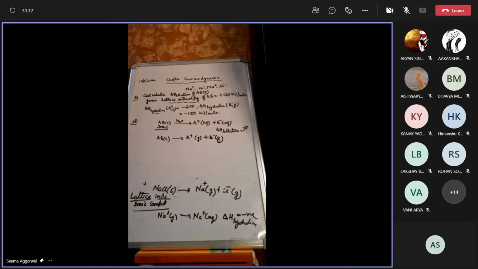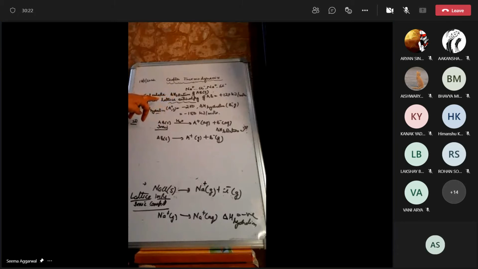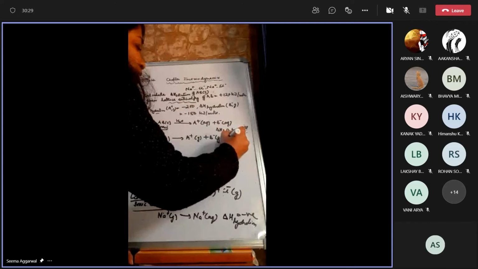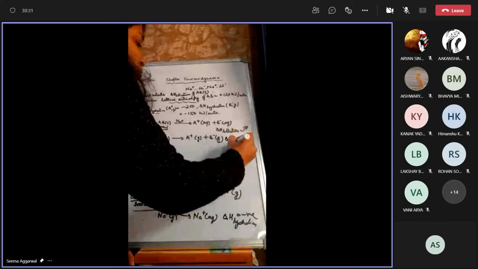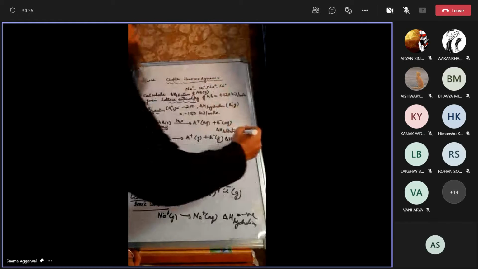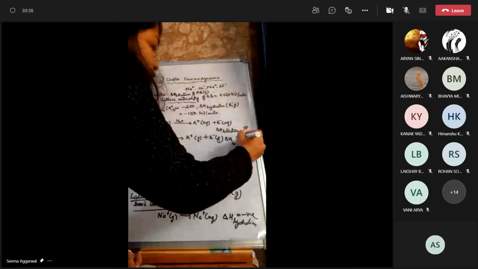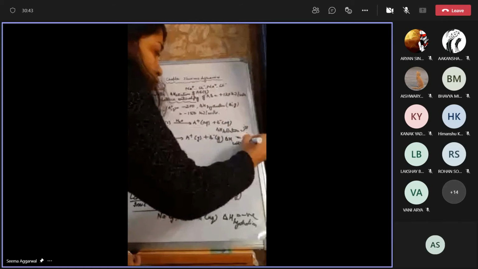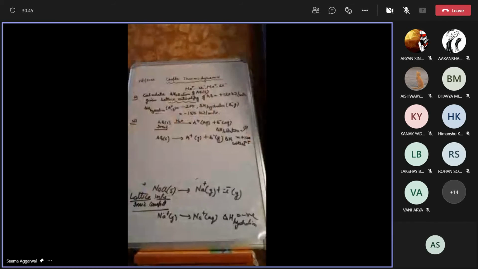And once you learn to make equations, your chapter is 50% done automatically. So AB solid is converted into its gaseous ions, and for this the delta H lattice is given to us as plus 120 kilojoules.